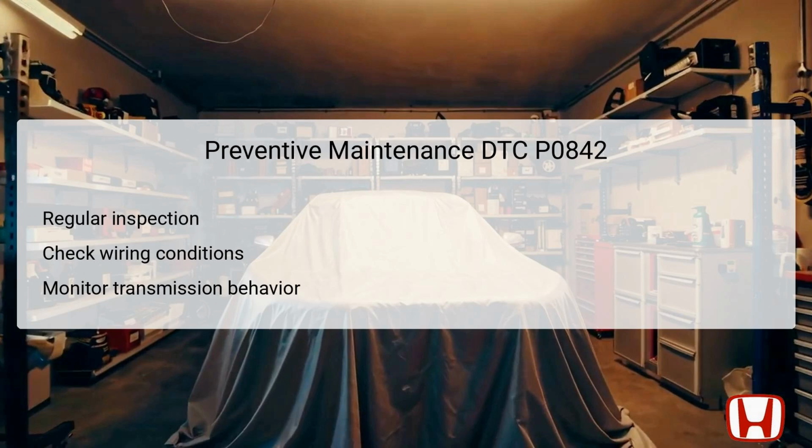Alongside this, it's beneficial to routinely monitor the vehicle's transmission behavior during operation. Noticeable changes can provide early warnings of electrical or mechanical issues. Finally, ensuring that the transmission fluid is maintained at the proper level and condition can also help in avoiding complications related to transmission performance.